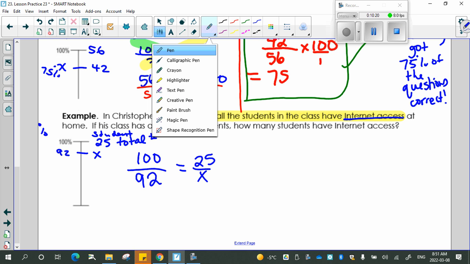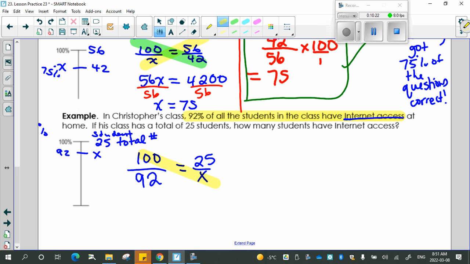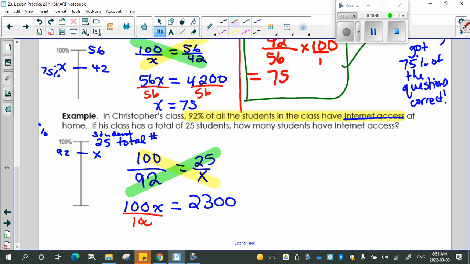And then we can crisscross here. And we get 100x equals 92 times 25, which is 2,300. Divide by 100, and we get x equals 23.